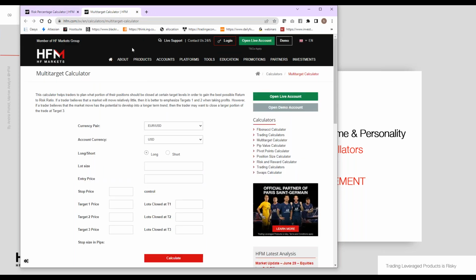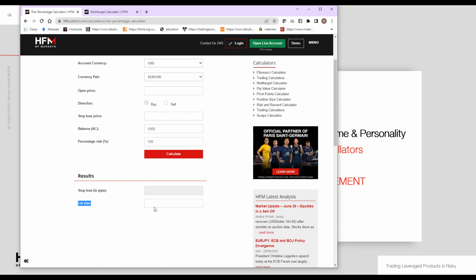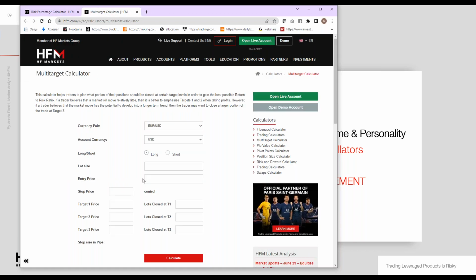Then you go back to the multi-target calculator, add again whether it will be a long or short position, the lot size that you have previously found, the entry price, the stop price, and your target. If it's one target only, then complete only the very first target. If it's multiple targets, then complete everything and calculate.